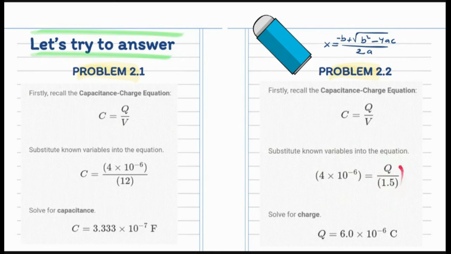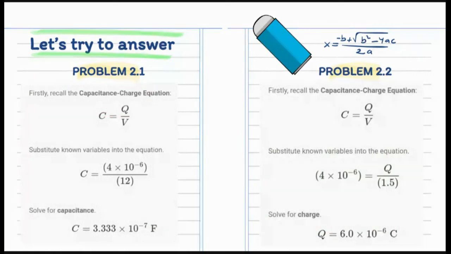What we can do here is multiply both sides with 1.5. If we multiply both sides with 1.5, we will have 4 times 10 to the negative 6 farads times 1.5 volts, and that would give us 6 microcoulombs. Now, what about if it's connected to a 12-volt battery?